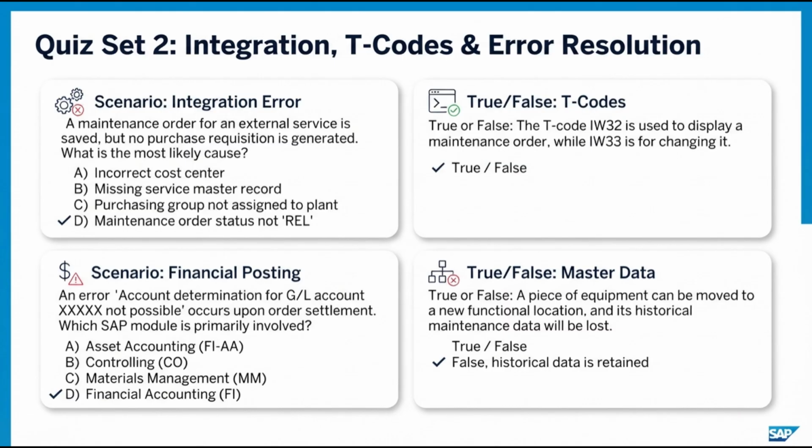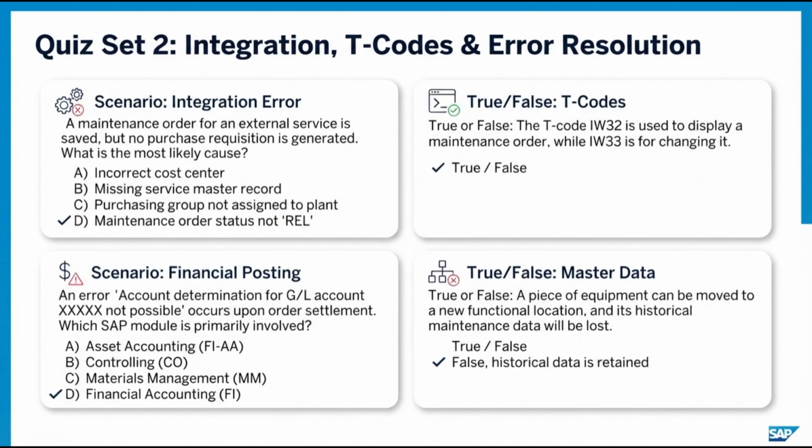In the second set of questions, you will find more scenario-based and application-oriented items. For example, you may be asked what happens when a non-stock material is added to a maintenance order, or which report is best for reviewing open maintenance orders.